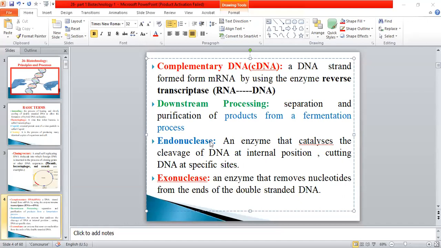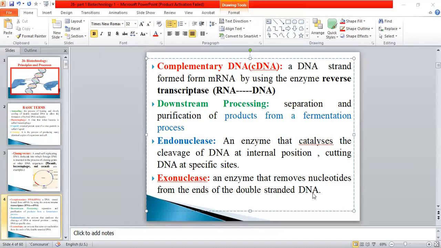Okay, dear, see that. So this is called endonucleases. Exonucleases are also another type of enzyme. Endonuclease means inside, exonuclease means outside. It is an enzyme that removes the nucleotide from the end of a double stranded DNA molecule.